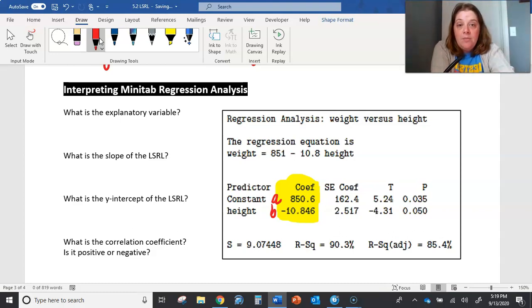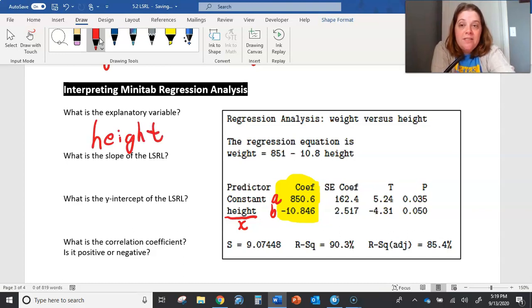These are the coefficients. So A is the constant term. That's the one that doesn't have an X. And B is the coefficient on height. And that's going to be our BX. So there is our explanatory variable, height.